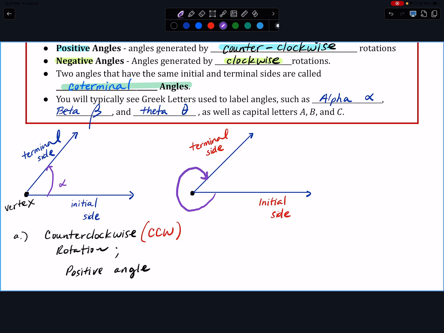I'm going to call this beta. So this would be an example of a clockwise rotation, which we'll abbreviate as just capital CW, which means that this angle would be negative.